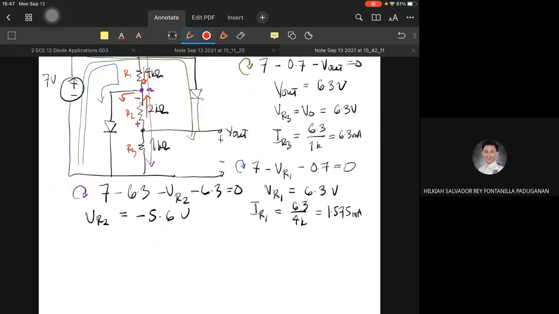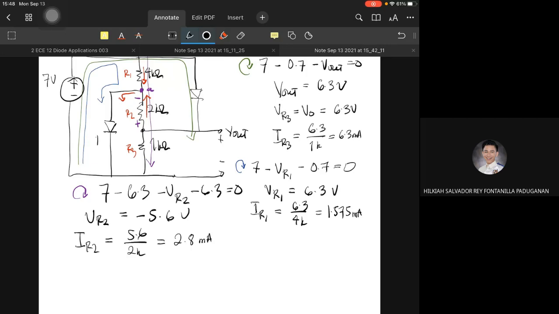We have not yet solved for the resistor current R2. IR2 is equal to 5.6 over 2K, which is 2.8 milliamperes, going upward.